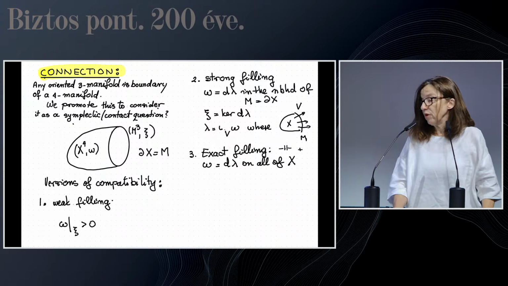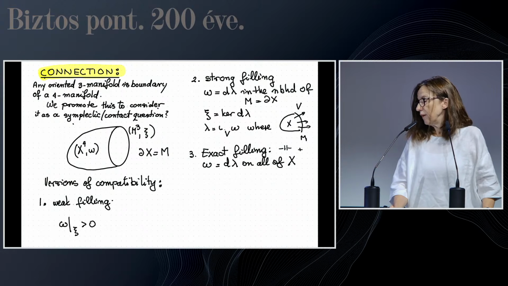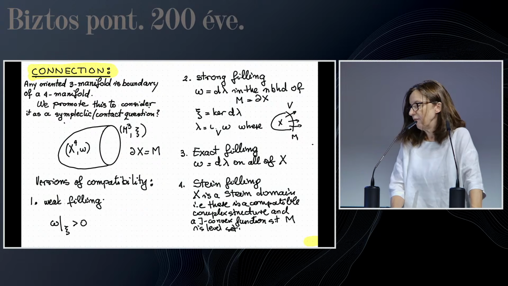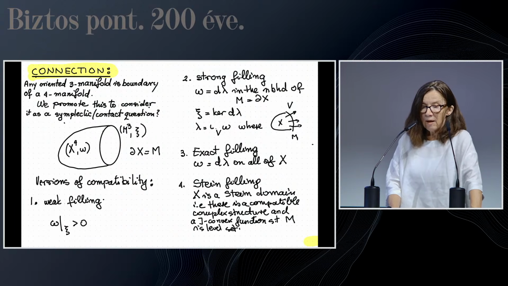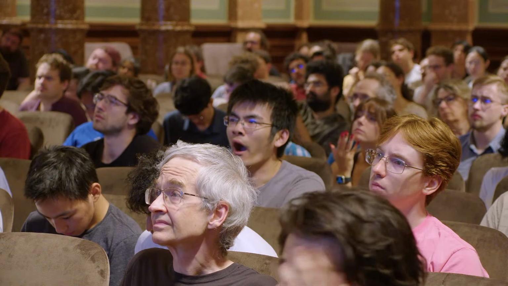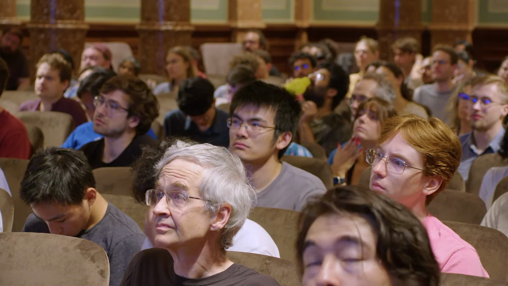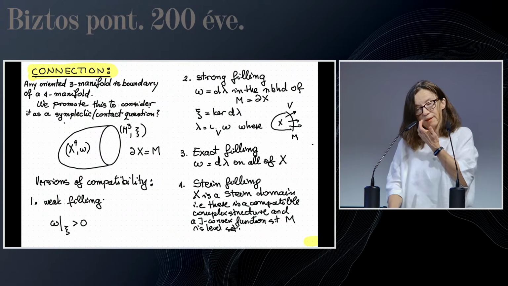If we require this ω equal to dλ condition on all of X, then we call this exact filling. And this happens in a case when we have a so-called Stein filling, which is when X is a Stein domain. A Stein manifold is non-compact. It's an affine subvariety of Cⁿ. But when we bound it to a finite radius, in some sense, then we call this a Stein domain.